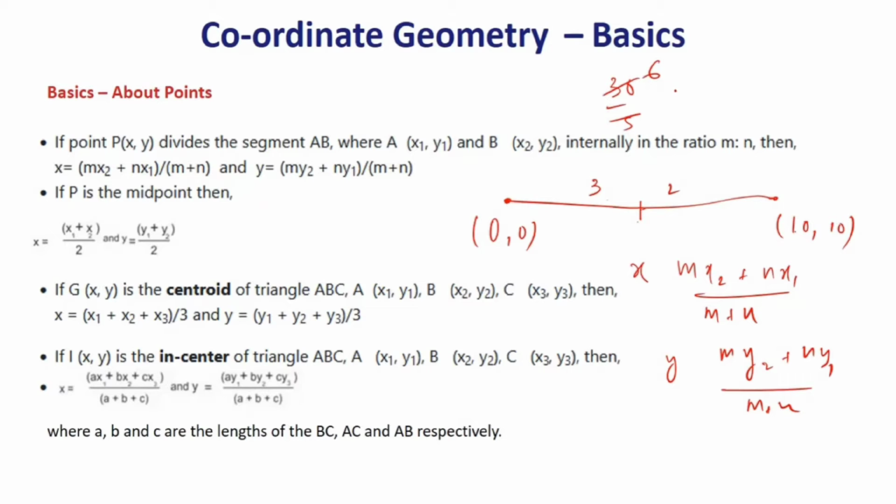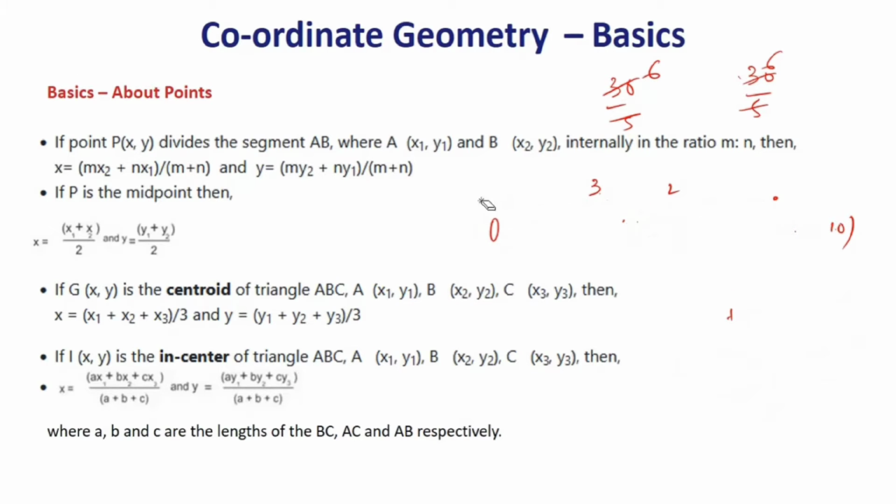So 6 is the x coordinate. Similarly, 3 into 10 is 30 plus 2 into 0, 30 divided by 5 again. So the point that divides the line in the ratio 3 is to 2 will be (6, 6). I hope this is clear to you. That's how you apply the section formula. This is also called the section formula.